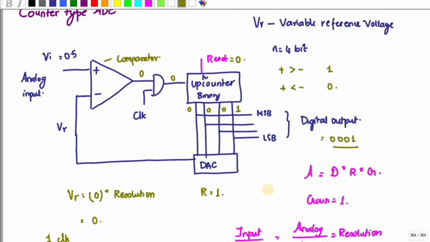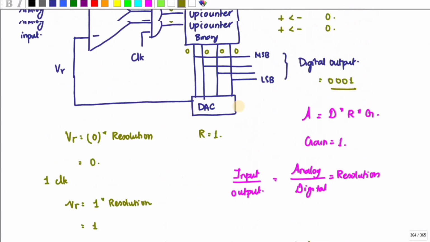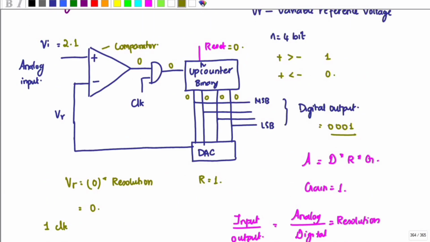Now let me consider another example, that is 2.1. Initially the output is 0, so the VR value is 0.